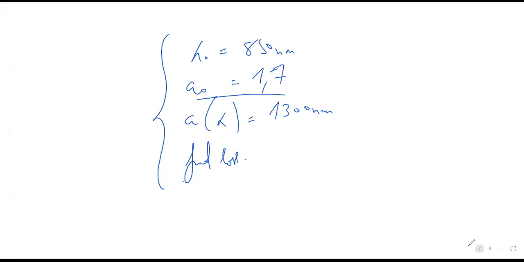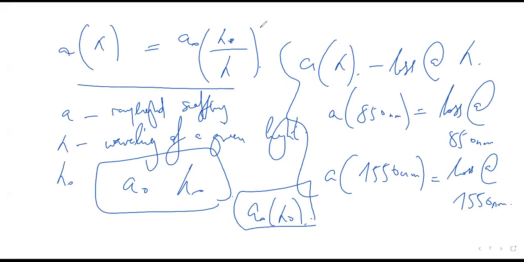And I think the formula is this, is it correct? A lambda, you said, is the value of loss by the Rayleigh scattering, where lambda is the wavelength, not A.